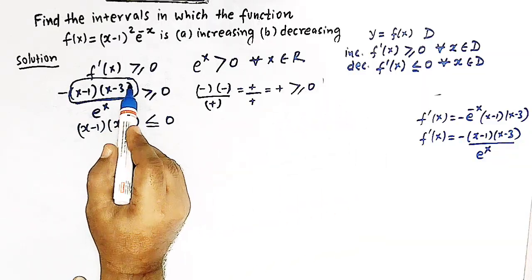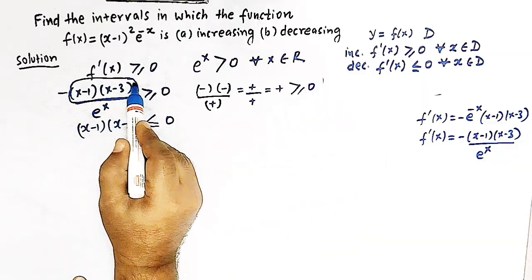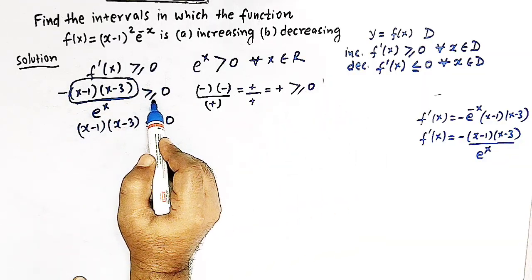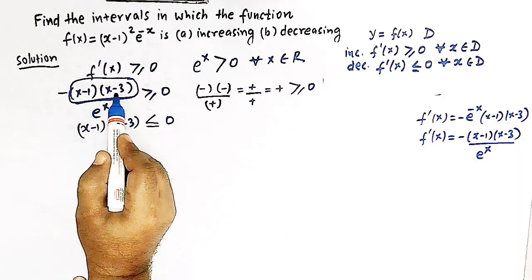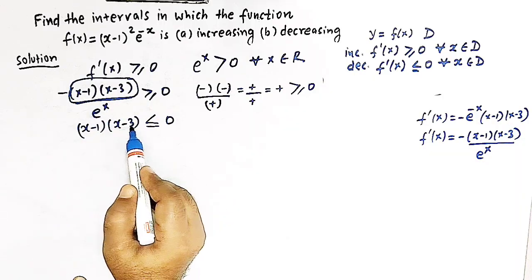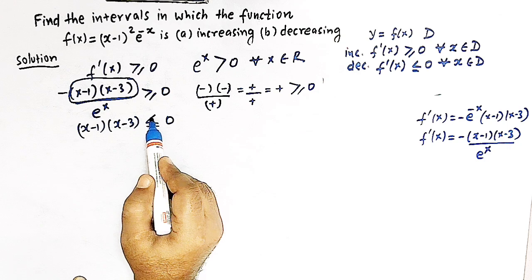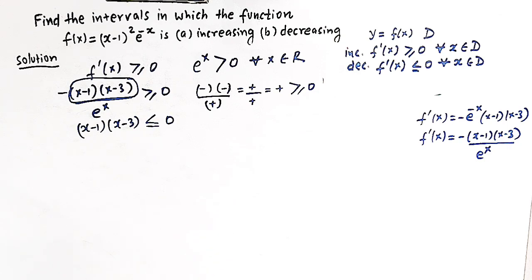So the condition for this entire term to be greater than or equal to 0 is that the product (x minus 1)(x minus 3) has to be less than or equal to 0.